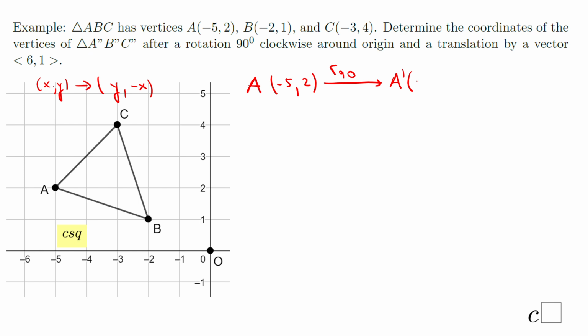Y becomes first, and then the x becomes the second, and we switch the sign. Do these two things, switch and change the sign for the x. And now we're gonna go and do the easy one, in my opinion, is the translation by vector 6 and 1.